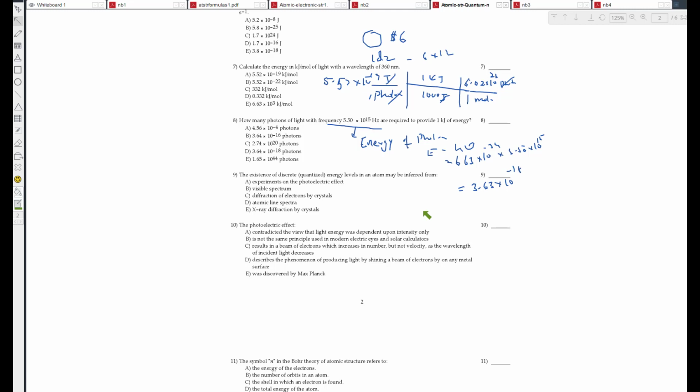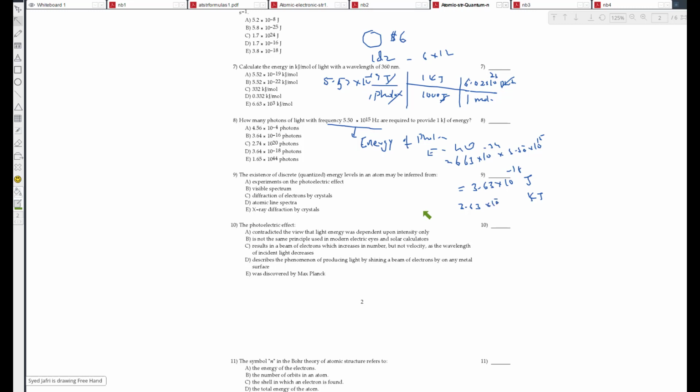Is it in joules? Joules. Now can you convert this into kilojoules? Yep, so I can divide it by 1000, and then I get 3.63 times 10 to the negative 21 kilojoules. How much are you getting? Negative 21, right? Right.